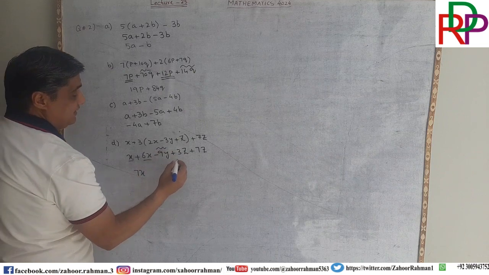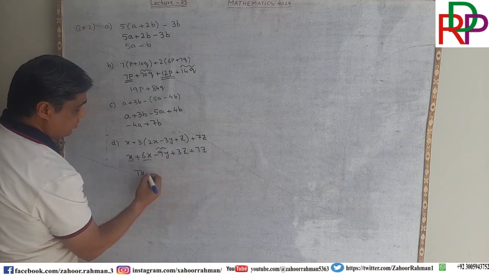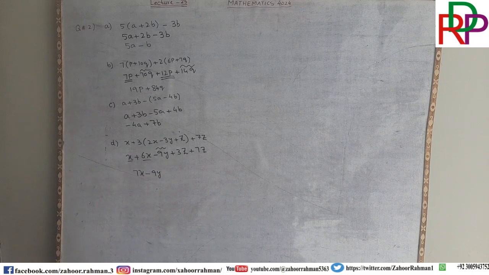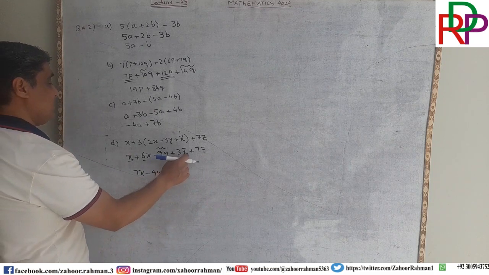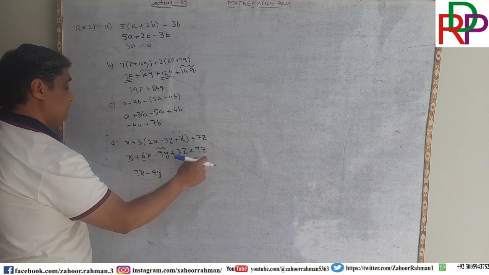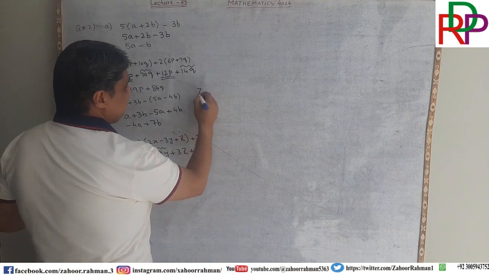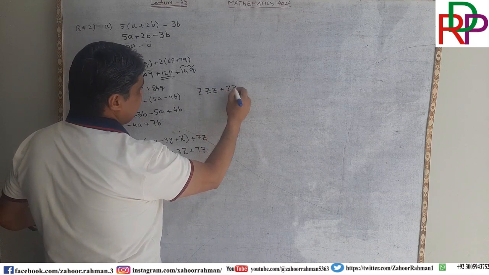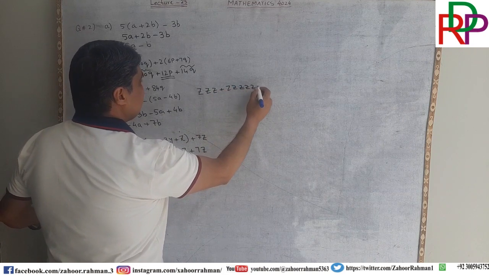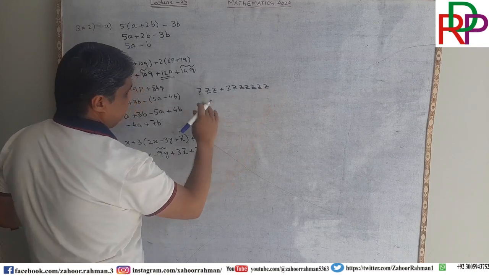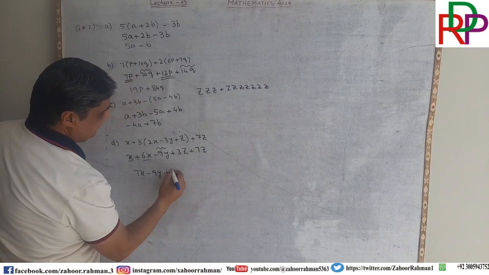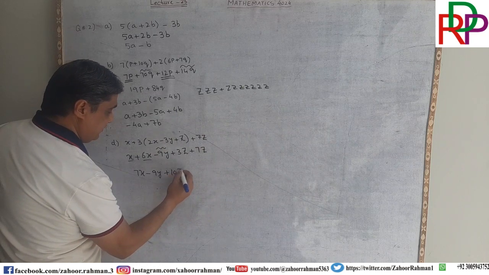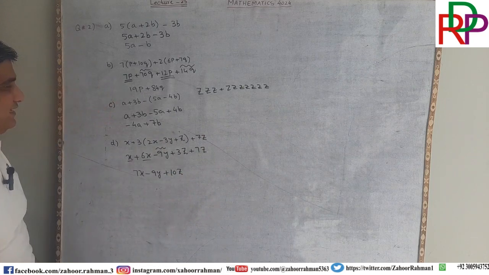Y will be added with y, but there is no other y, so you have to simply write minus 9y. And 3z and 7z, it is like this: 3z plus 7z will become 10z.